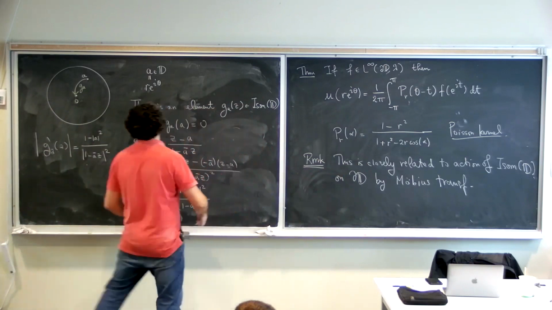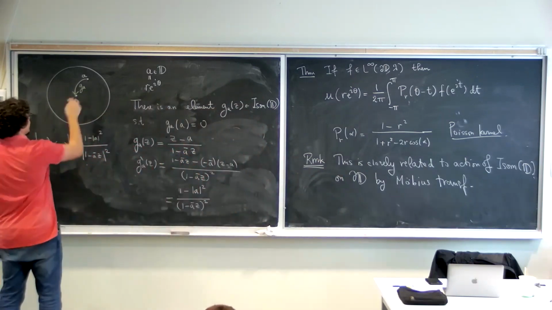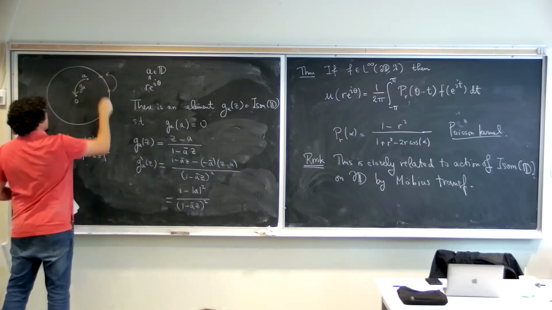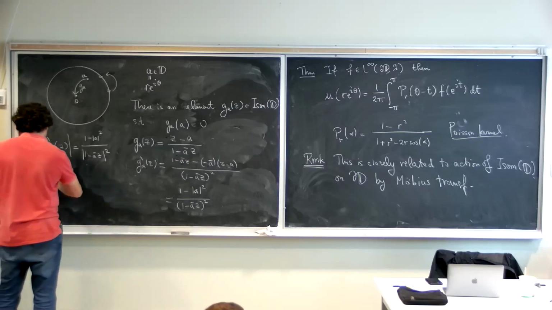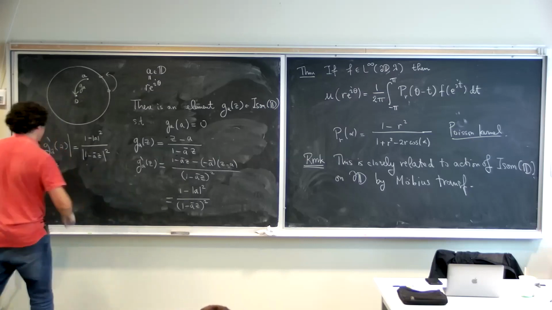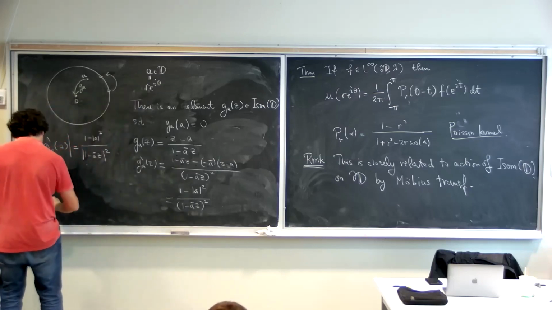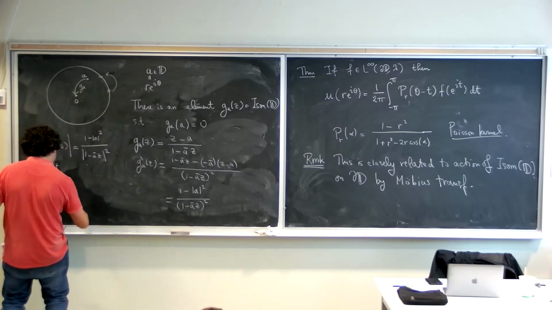Right? So if we plug in, z would be a point on the boundary, because you see this action is both inside, but it's also on the boundary. So if z is e to the it, and A is r e to the i theta, the norm of g_A prime of e to the it is what?